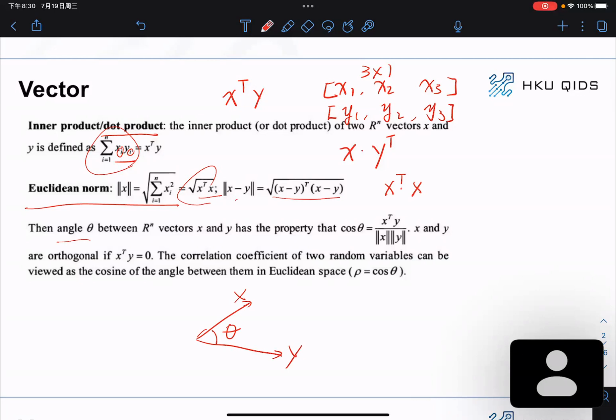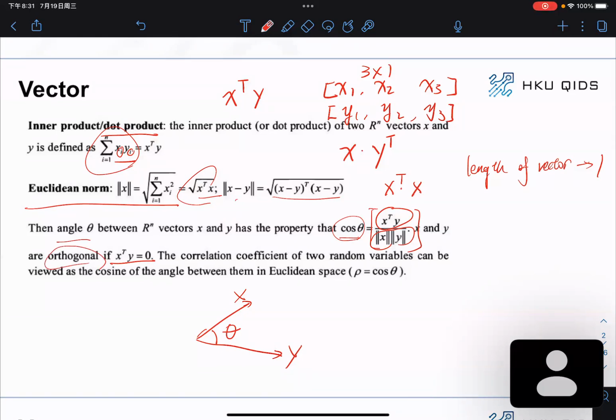First, we calculate the numerator, which is the inner product of x and y. And on the denominator, it's the product of the x norm and the y norm. By taking this fraction, we are normalizing the length of the vectors to 1, so that this becomes cosine theta. And if it is equal to 0, then it means they are orthogonal, perpendicular.